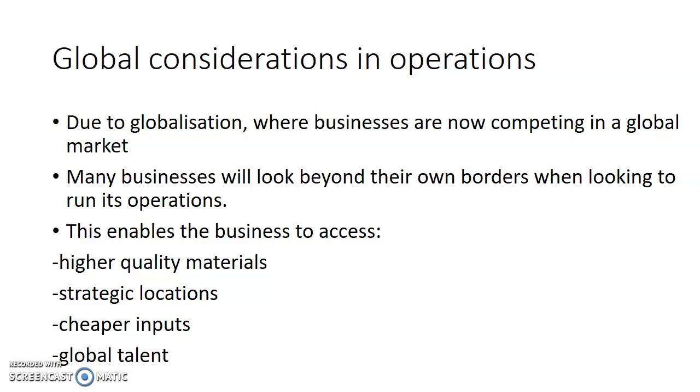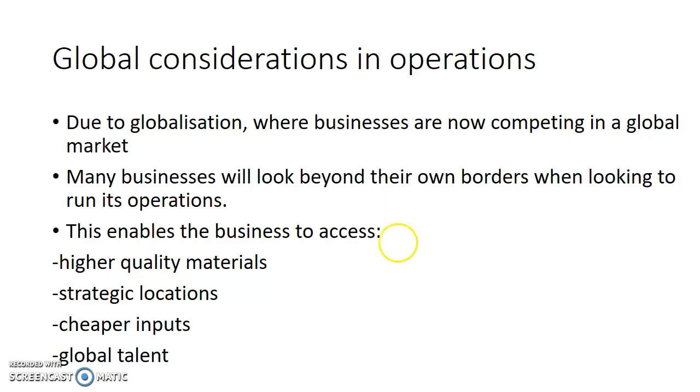We go there because of the high quality materials, strategic location, low cost of labor, low cost of raw materials, there could be economic factors, lower taxes, low trade tariffs, and there could be free trade agreements between the countries. So these are some of the reasons we go globally for our operations, because we want to meet the business objectives that our business is having.